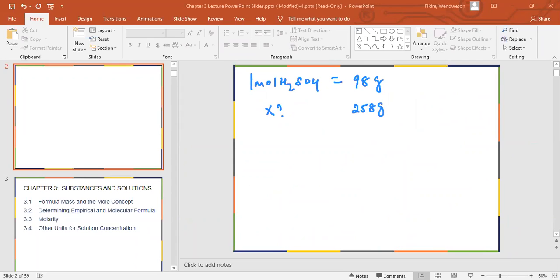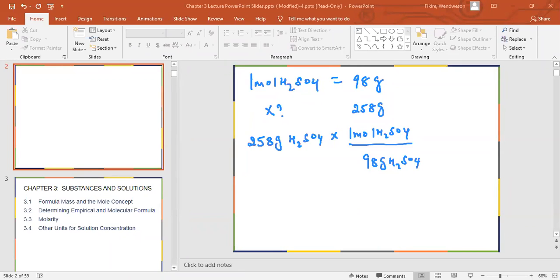Again, we do a calculation: 258 grams of sulfuric acid times 1 mole of sulfuric acid. Remember, the desired unit has always been on the top. Over 98 grams of sulfuric acid.